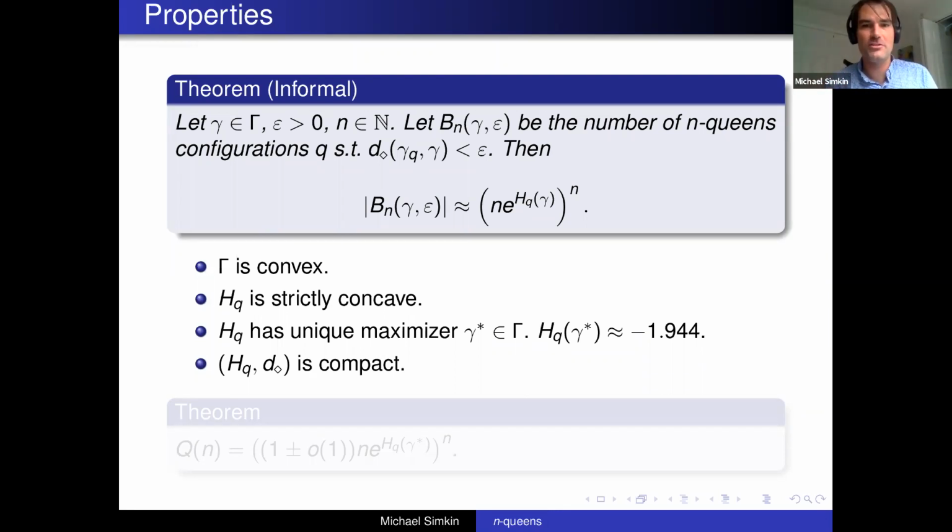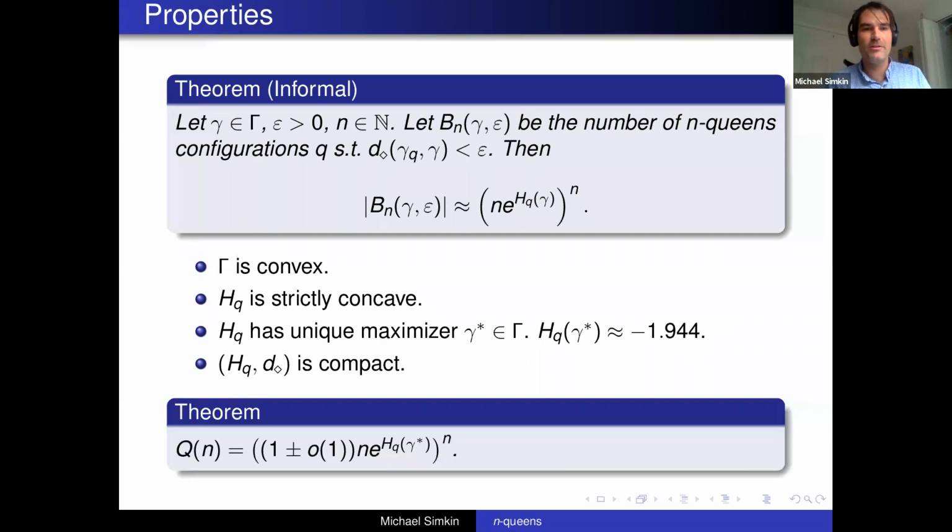There is exactly one such distribution, and you can find it at least approximately using numerical techniques. And then you get this theorem that, whatever this maximizing distribution is, Q of n is going to be equal to n times e to the power of the entropy function of the maximizing thing, and all of this to the power of n.